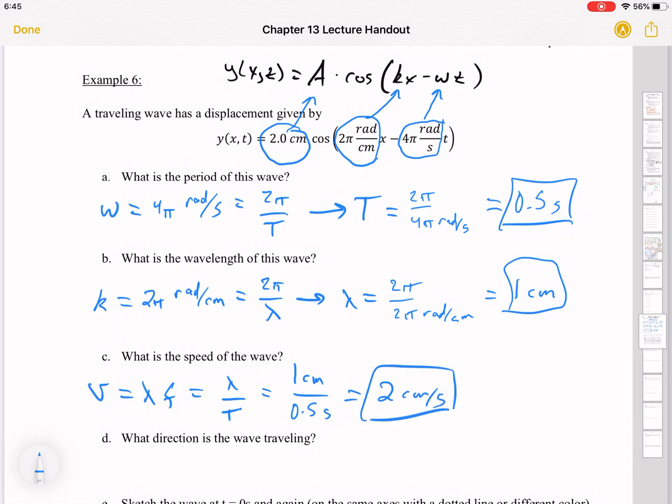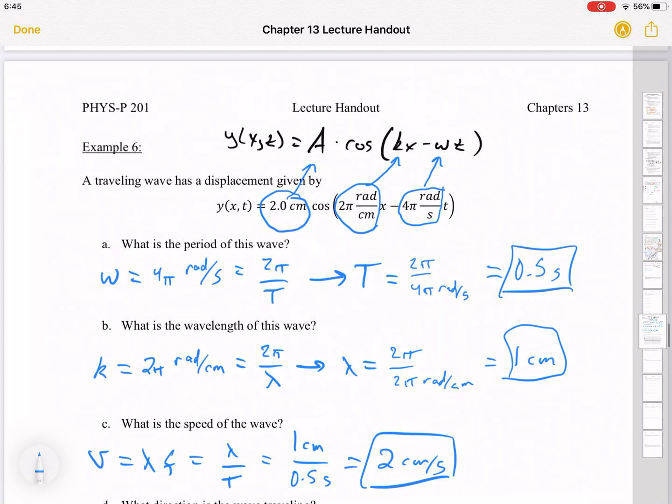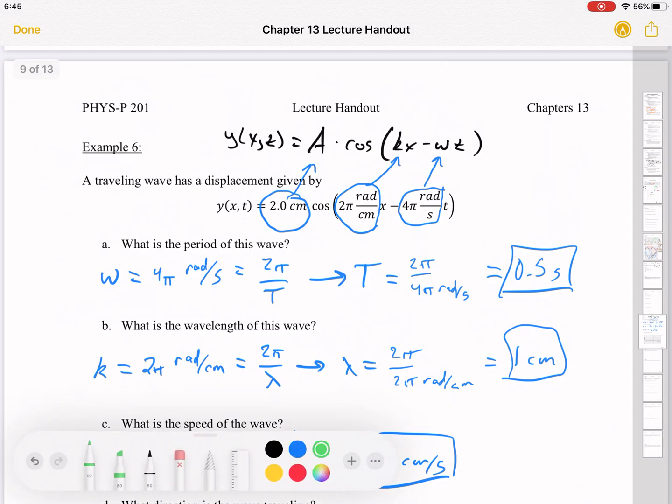And again, if we change the wavelength of this wave, it would change the period, but not the wave speed, as long as we're not changing the medium. What direction is this traveling? Well, remember I said the negative sign means we're traveling to the right.